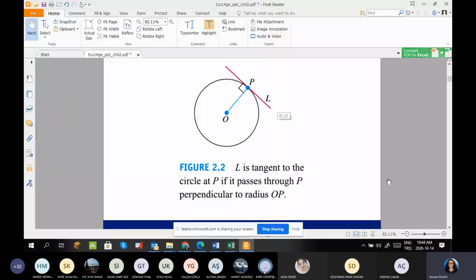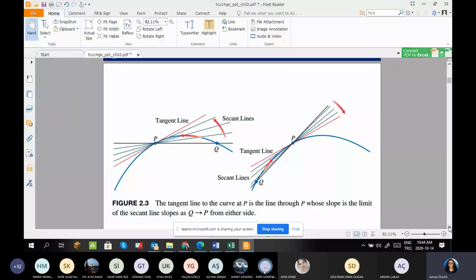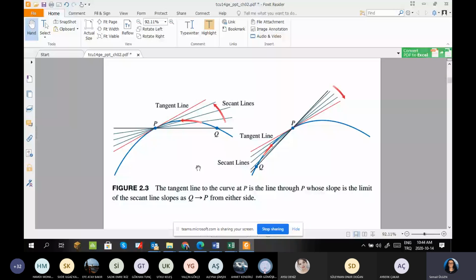For this tangent line, the question is how we are going to find its slope. The goal here now changes.